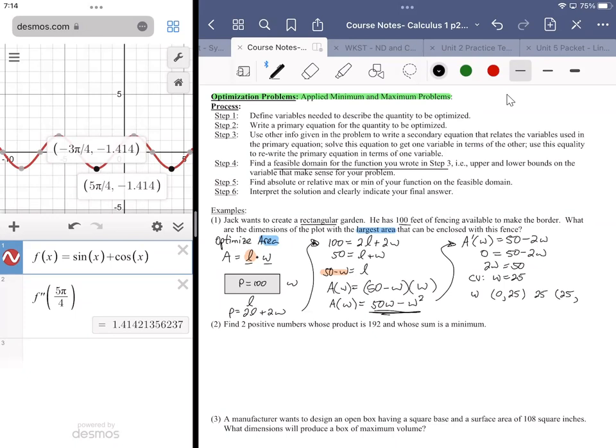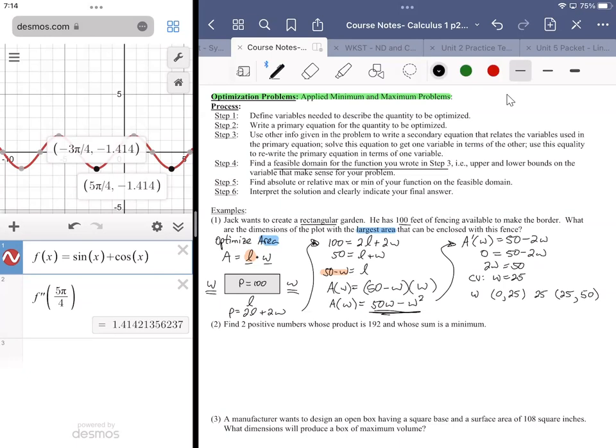I suppose it could never be as big as 100, because that's the amount of perimeter I have available. And in fact, it wouldn't even be as big as 50, because you have two W's in this perimeter function. If each one is equal to 50, then all of your perimeter is accounted for just by the width, and we would have no length. So I would max it out at 50. All right. And so that would be the feasible domain.